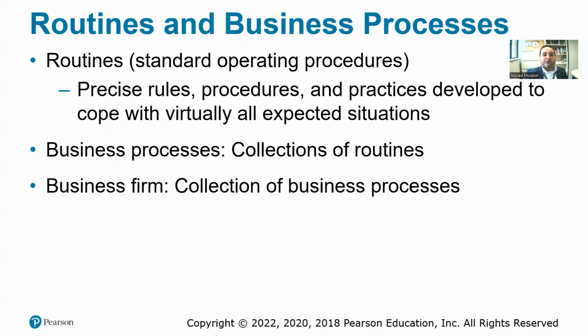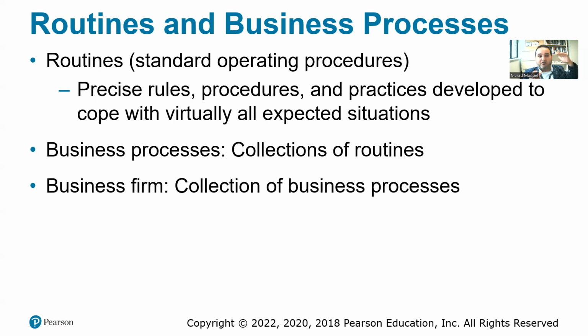You can think about a business process as a collection of routines, those little tasks within the business process. Remember last week we talked about the sales business process where we have three functional units or functional areas involved. We had the sales functional area, and then it moves on to accounting, where they verify the credit of the customer. So the verification of credit is one of the routines.